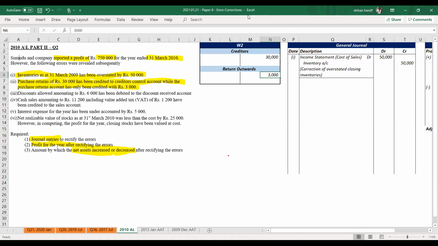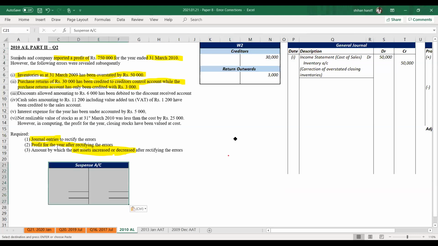How do you correct this? Can you all tell me? Tell me how to correct this. We need a suspense account.